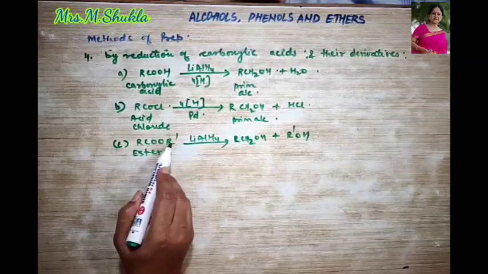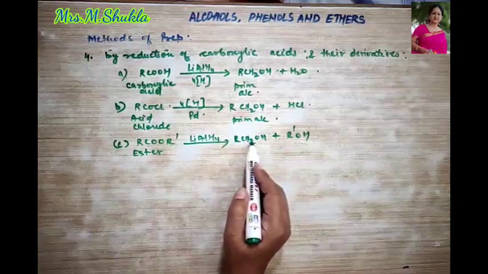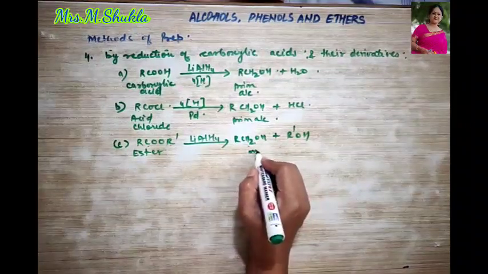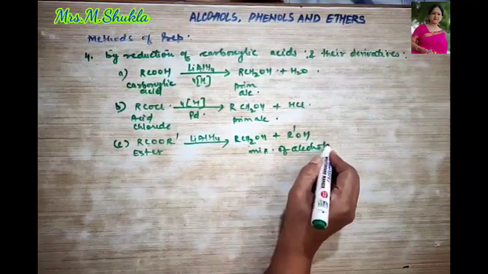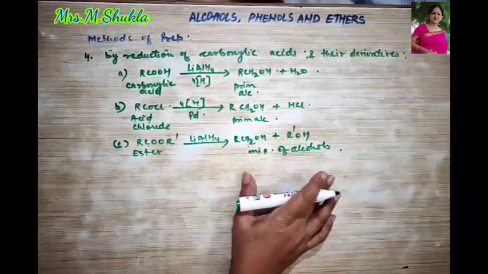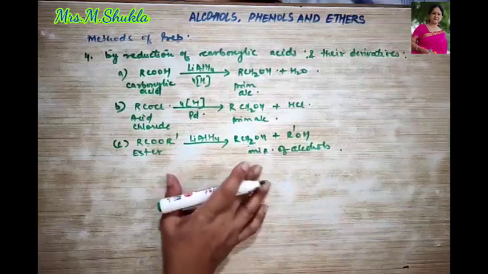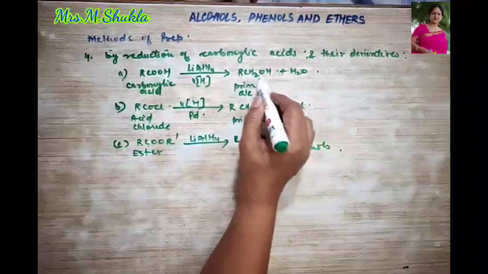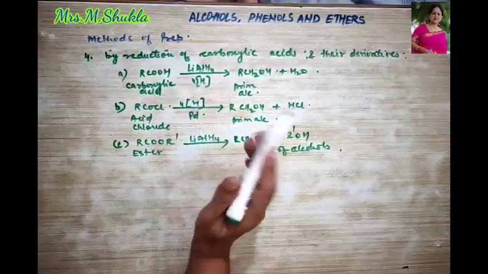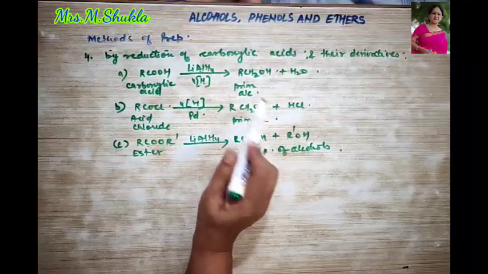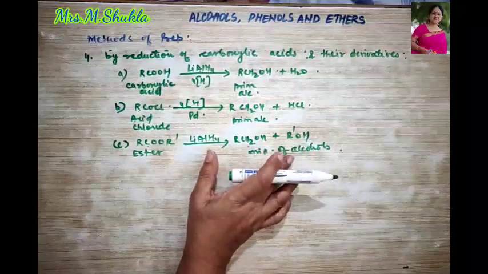A mixture of alcohols will be formed over here. So I hope you have understood how to obtain alcohol from the carboxylic group, and what the different reducing agents are that could be used to prepare the alcohols.